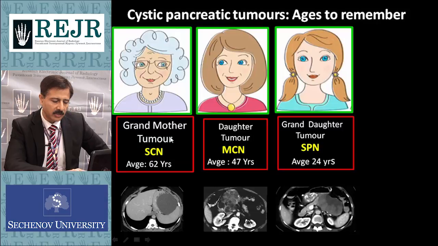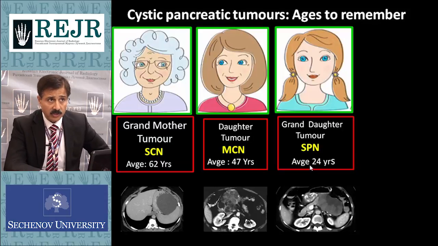A mucinous cystic neoplasm is a daughter tumor. Average age is 47 years. And then there is the granddaughter tumor, which is solid pseudo-papillary neoplasm with an average age of 24 years.